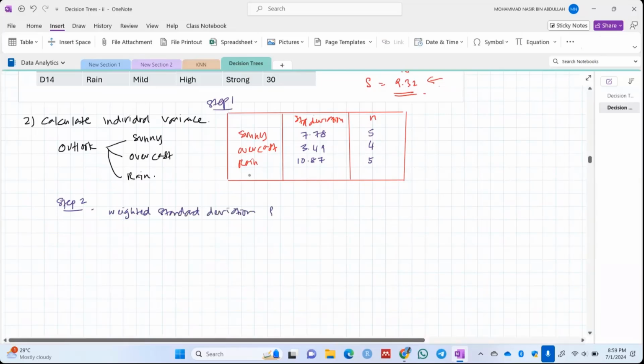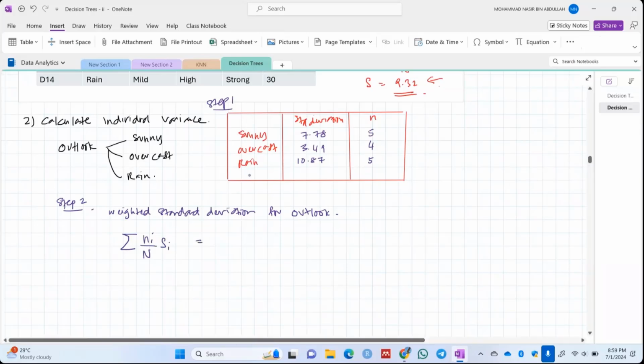So how to calculate weighted standard deviation? Based on the formula: summation of Ni divided by capital N multiplied with standard deviation, right?